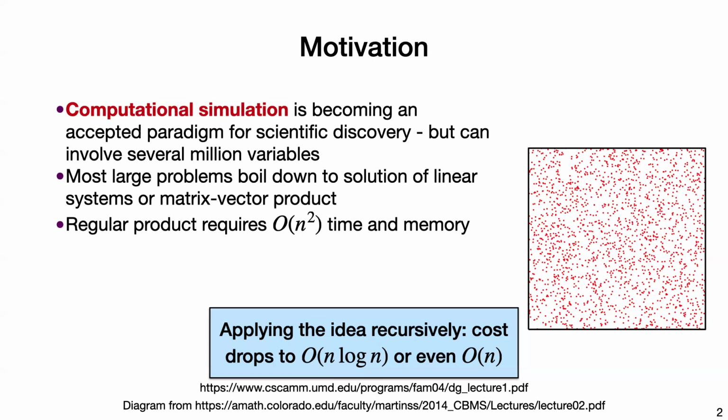Normally, a matrix vector product would take n squared time, because the matrix is n by n and you have a vector of size n. Similar to the FFT, we want a smarter algorithm that drops the time to n log n. One of the original algorithms for the problem takes time n log n, and the more famous one, the fast multipole method, takes time order n.